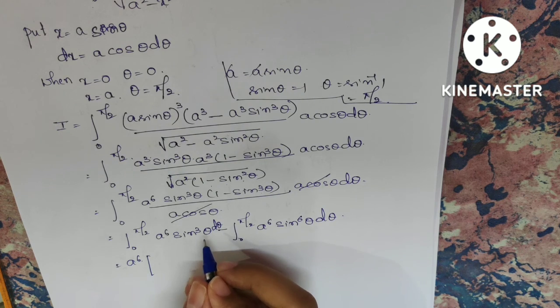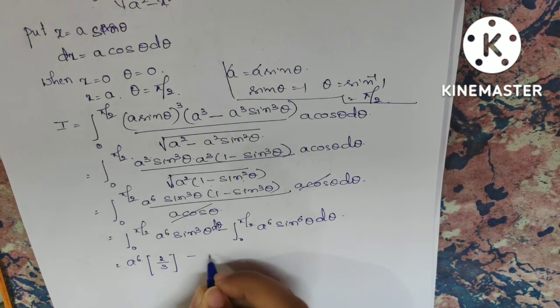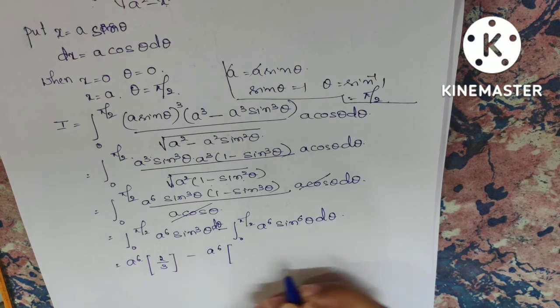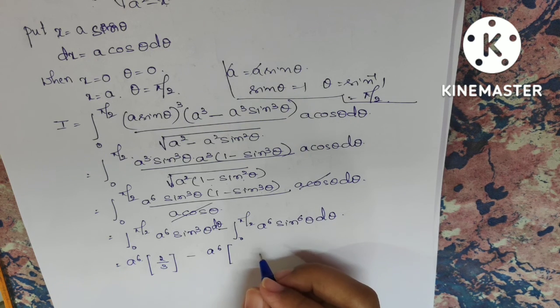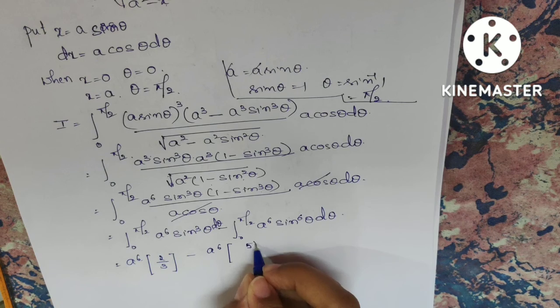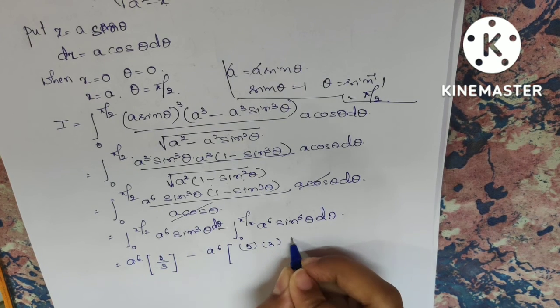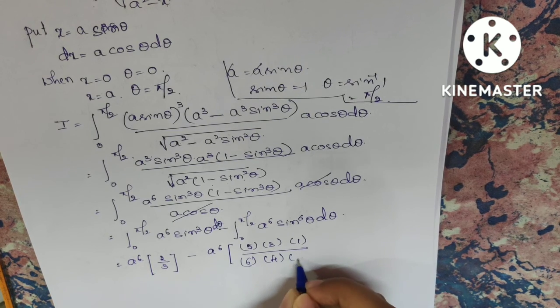And this equals a to the power of 6, by using the reduction formula, sin cube theta is 2/3, minus a to the power of 6 into the reduction formula for sin^6 theta, which is 5 into 3 into 1 by 6 into 4 into 2.